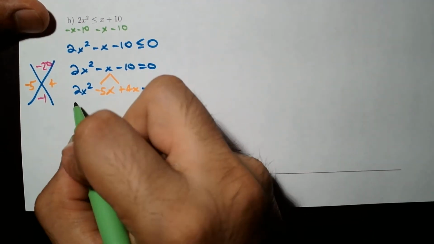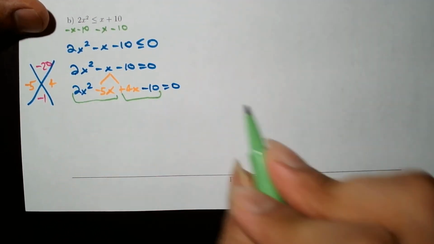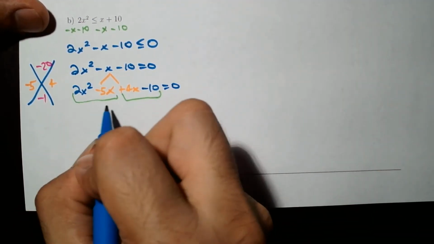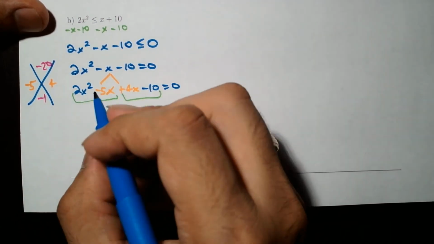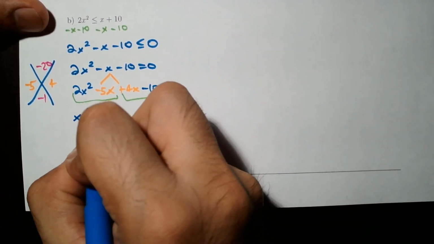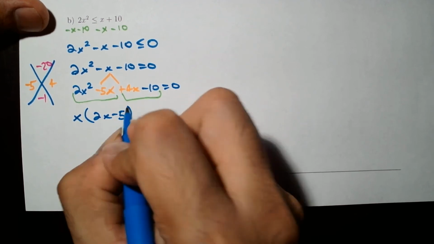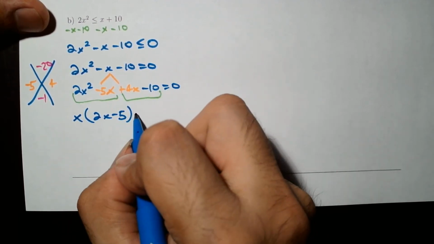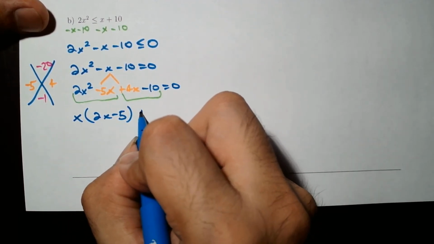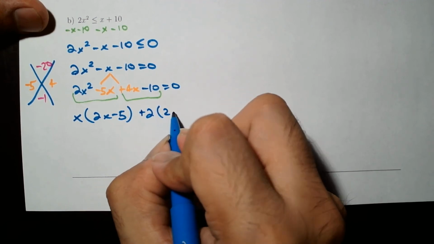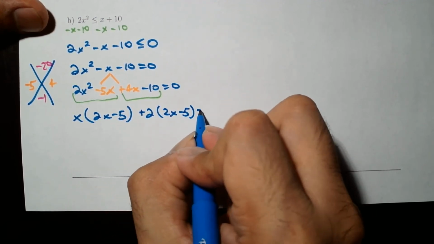So I'm gonna solve this by factoring by grouping. The GCF from the first group will be x only, that's 2x minus 5. And the GCF on the second group, I'm going to factor a 2. And I'm going to get 2x minus 5 as well.